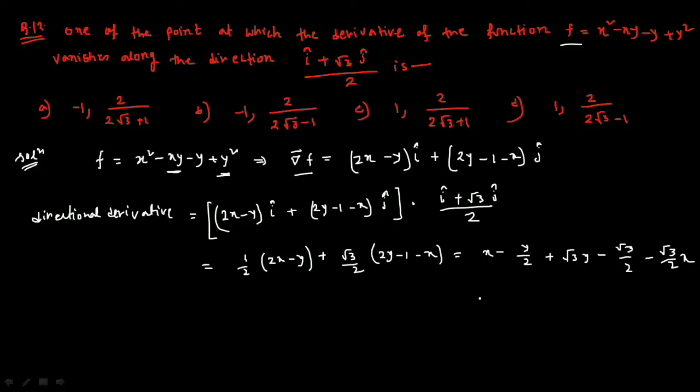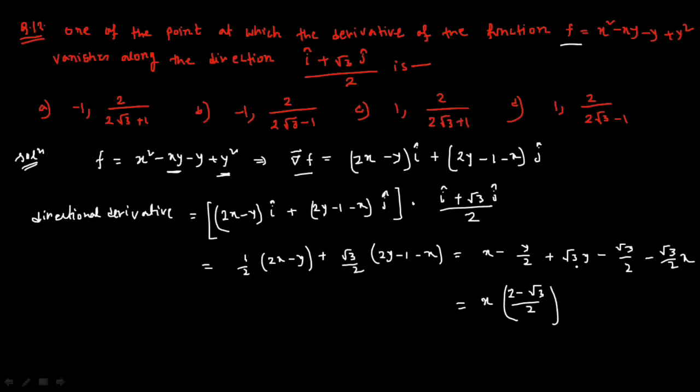Now let me take x and y separately. If you take x common, you will get 1 minus root 3 by 2, that means you can write it as 2 minus root 3 by 2.